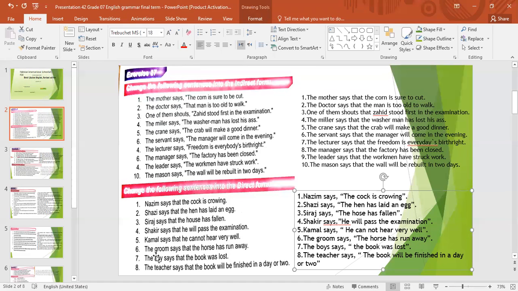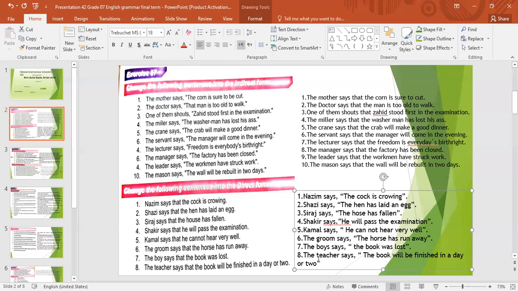Number six, the groom says that the horse has run away. In direct speech, the groom says, "The horse has run away." Just taking "that" out of this sentence, and the sentence will become direct speech. The boy says that the book was lost.